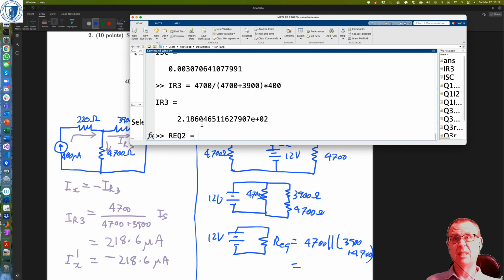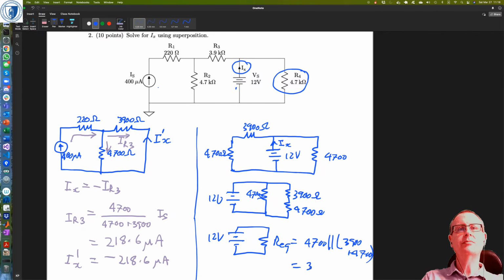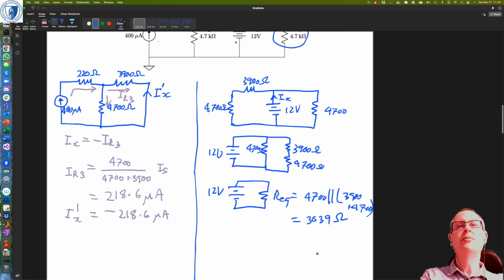So that's going to be 1 on 4700 plus 1 on 3900 plus 4700. Right, so it's 3039 ohms.